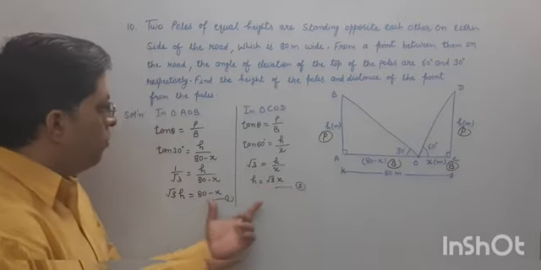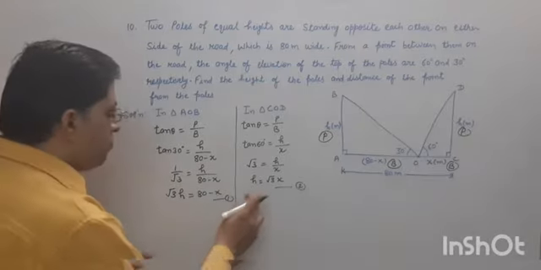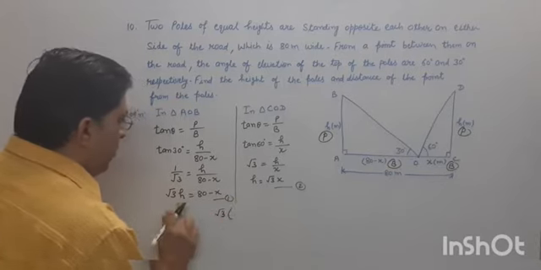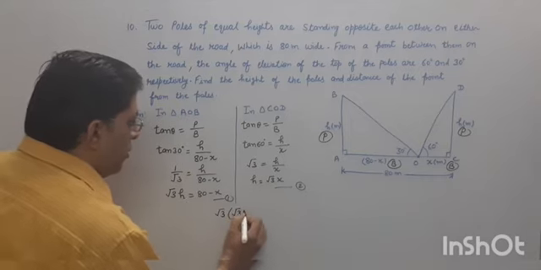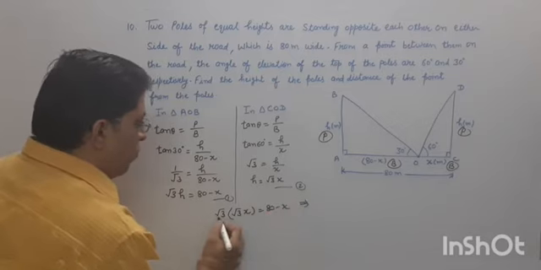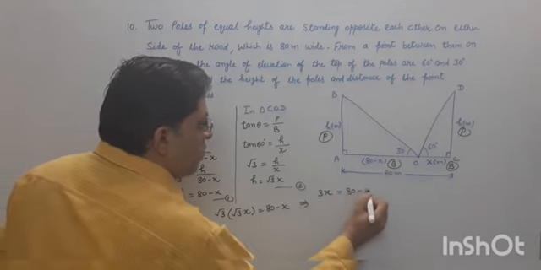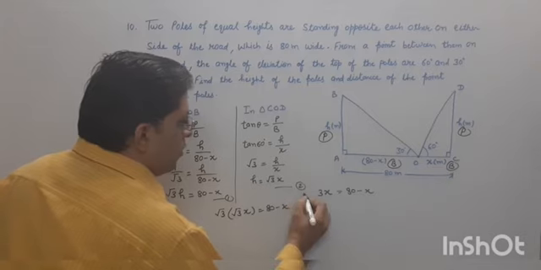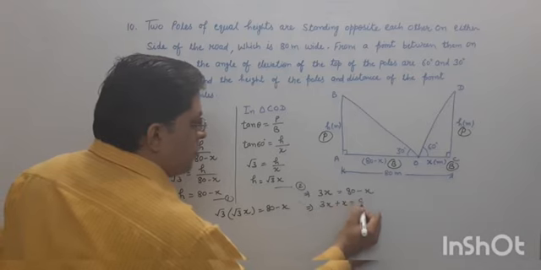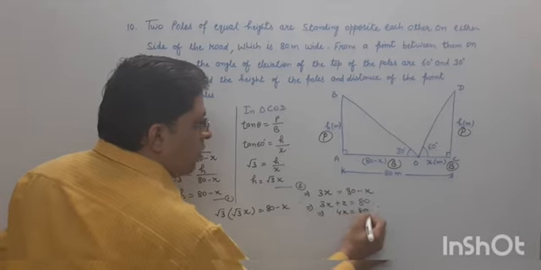Okay, you can put the value of H here and get the value of X by equations 1 and 2. Root 3 is already here. In place of H I am writing root 3 X. Then what will come? Root 3 into root 3 is what? 3X is equal to 80 minus X. Okay, then 3X plus X is equal to 80. 3X plus X is 4X. 4X is equal to 80.